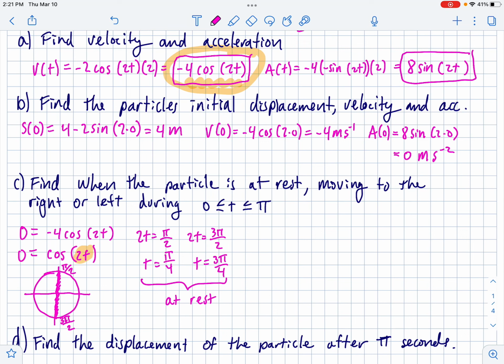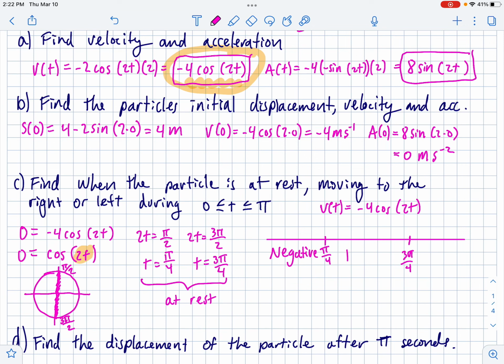Now we need to know when it's moving to the left or to the right. Now, do I need to do a sign diagram for this? Because I know the velocity was negative in the beginning. Yeah, let's just do a sign diagram just to be good. It changes at pi over 4 and 3 pi over 4. So if we put pi over 4 right here and 3 pi over 4 right here, and then we plug things into the velocity equation, which is -4 cosine 2t. Like if you plug a 0 into that, you get a negative number.